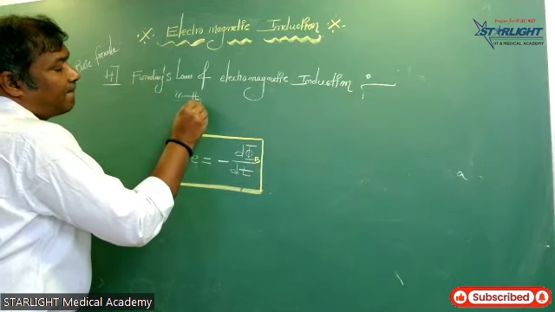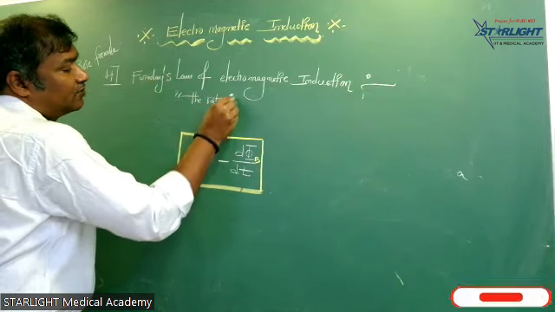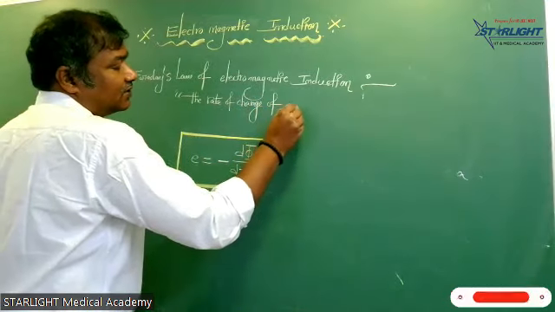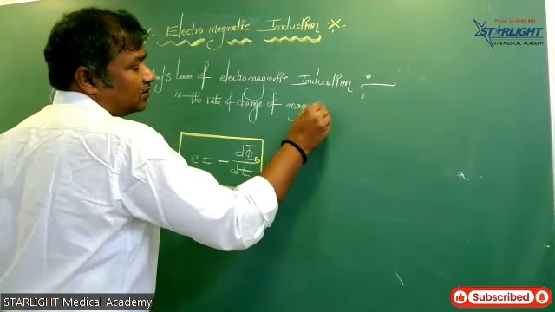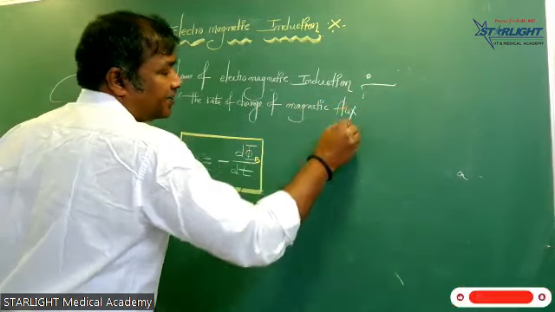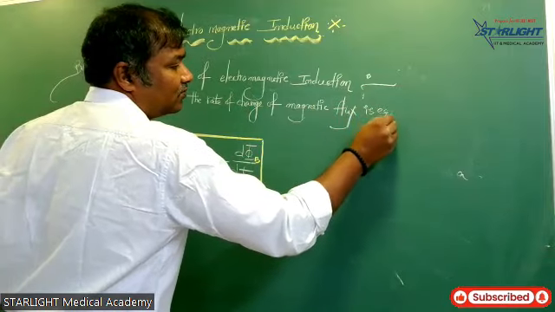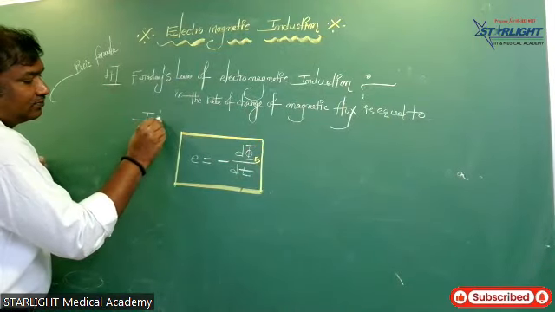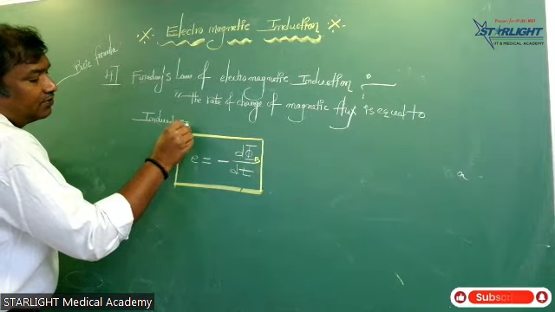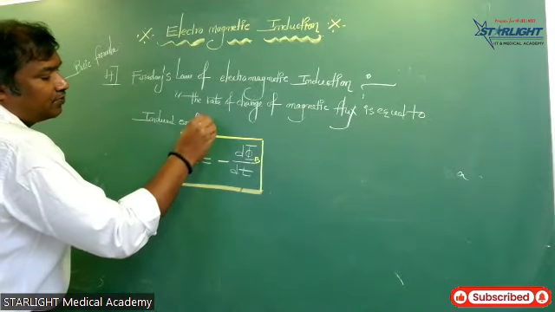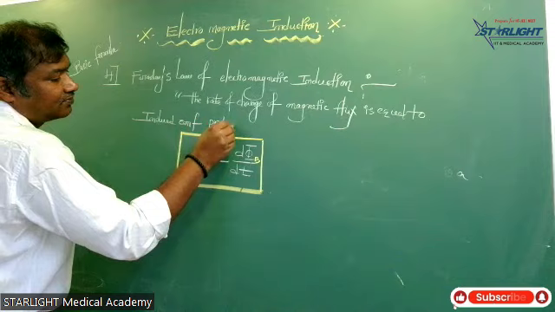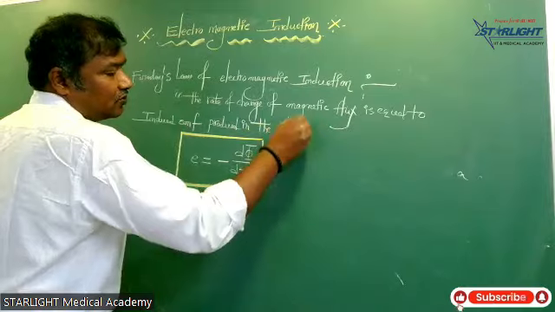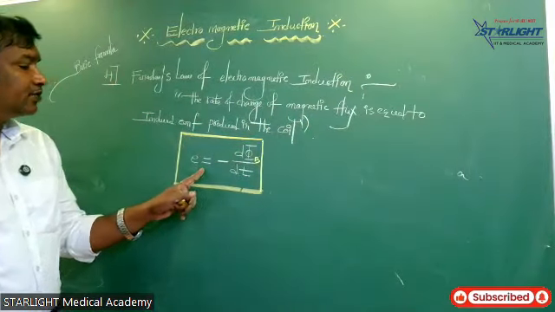The rate of change of magnetic flux is equal to induced EMF produced in the coil. So this is Faraday's law of electromagnetic induction.